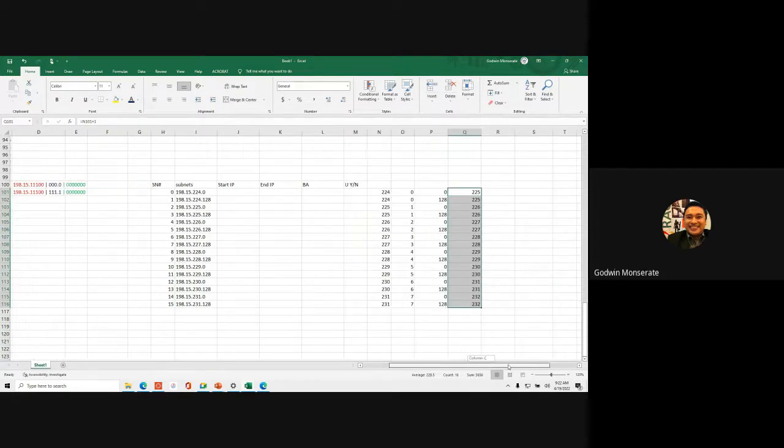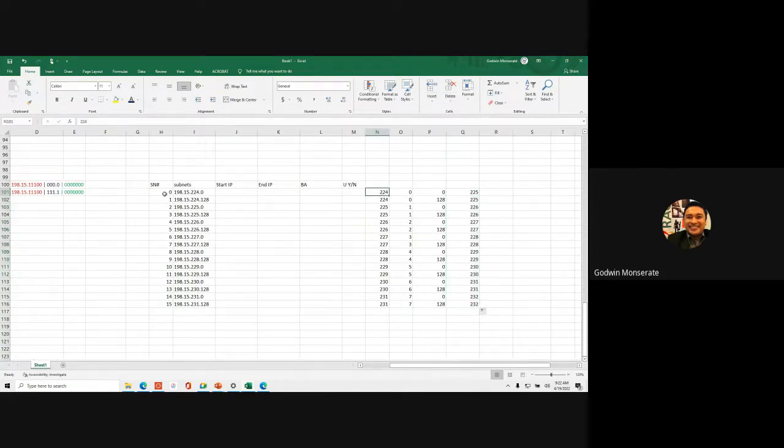Now the 224 plus 126. Is it correct? Plus 224. 224 is 224.